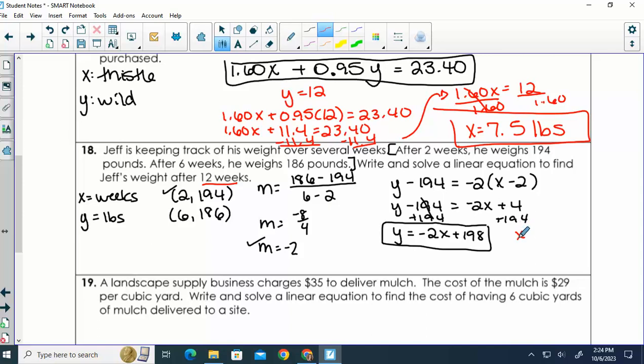X. So that means my x is 12. So we plug that in. And we get, and that's in pounds. 174 pounds.